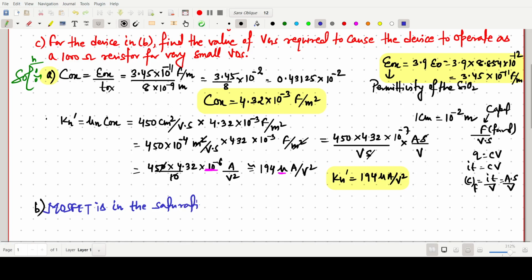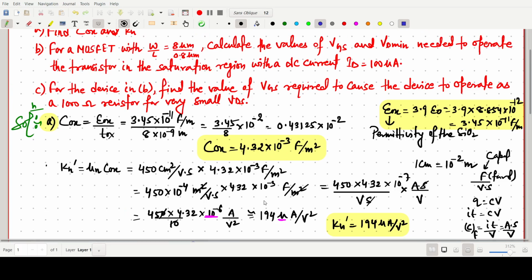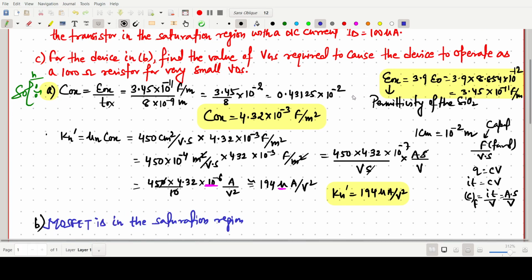So I am writing this. MOSFET is in saturation region, having that ID value 100 microampere.